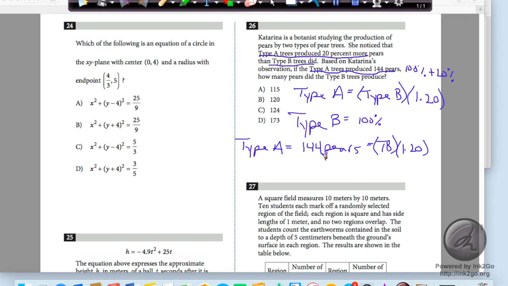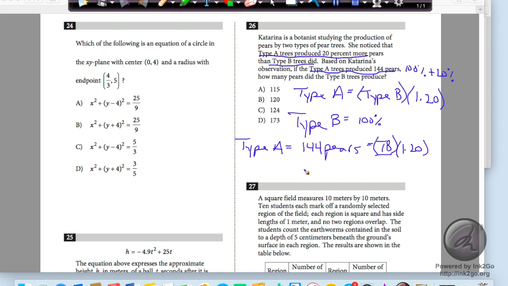So now we can solve for the actual amount of type B trees there are, right? We can solve for the original value of what they were, because it asks how many pears did the type B trees produce.